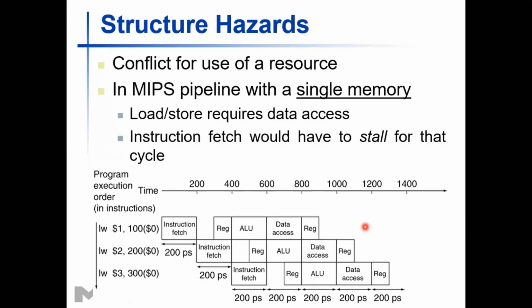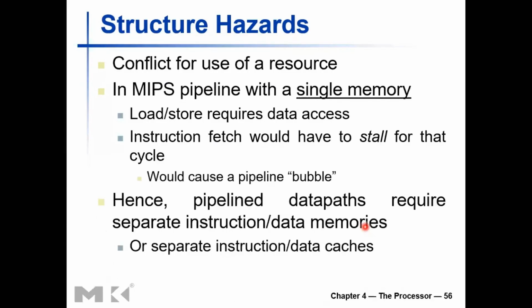So for the structure hazard example, where you have to stall because only one memory is used for instructions and data, the solution is using different memories for instruction and data, or using different caches at least, while the actual memory device is the same.